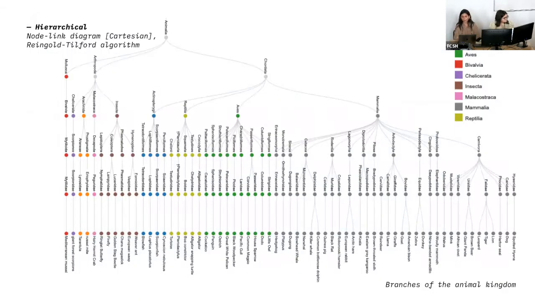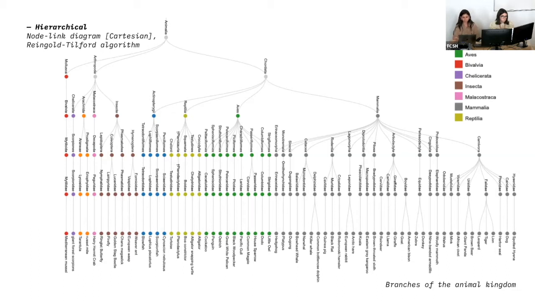This is a model called Dendrogram that we'll do later in the tutorial. This dendrogram analyzes branches of the animal kingdom, and this specific kind of dendrogram is called linear dendrogram.